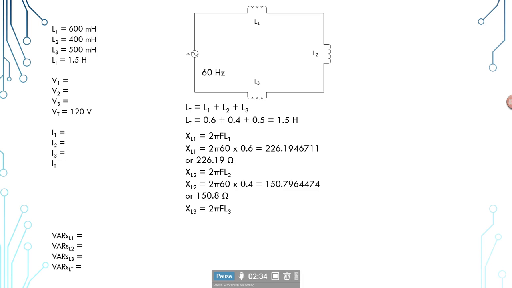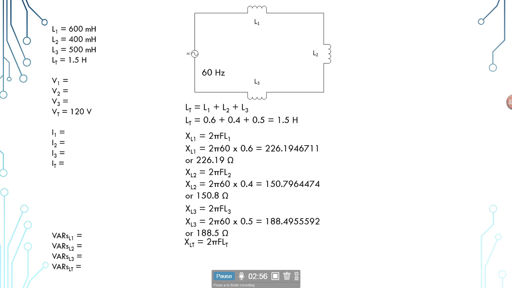And X sub L3, we do the same process, and so we'll have 2 times pi times the frequency of 60 hertz times 500 millihenries, giving us 188.5 ohms for our third inductor.